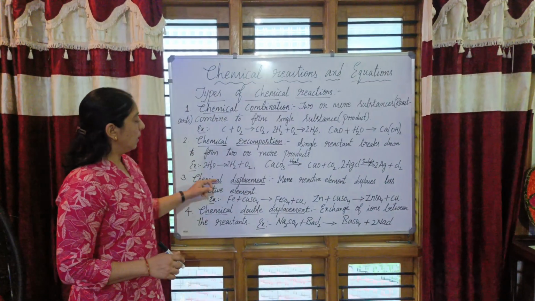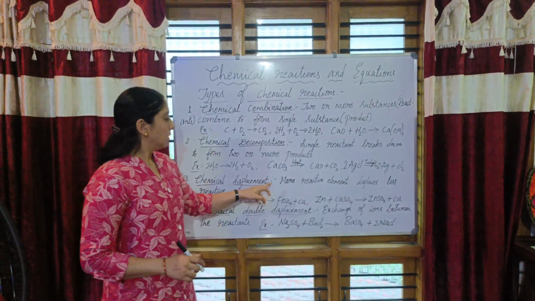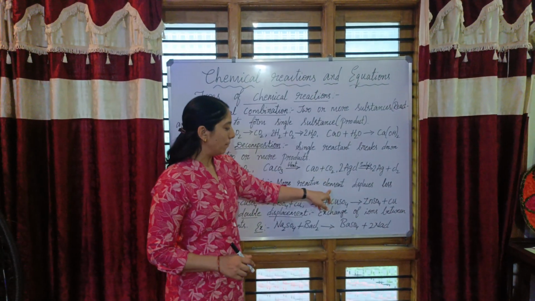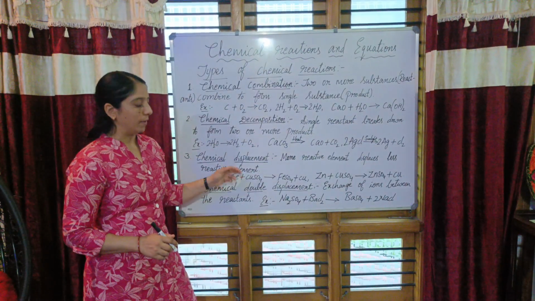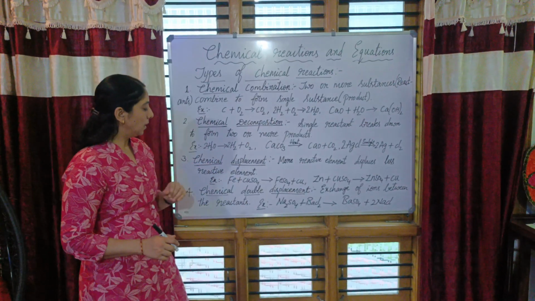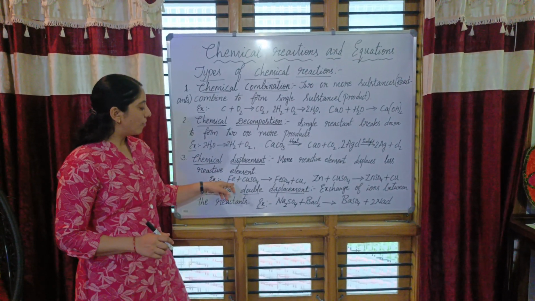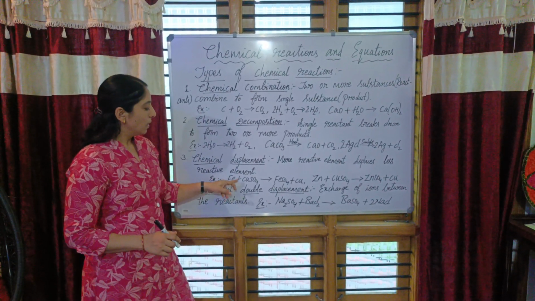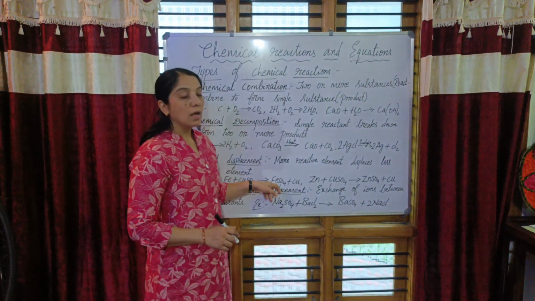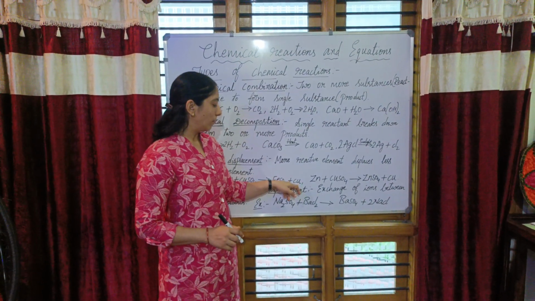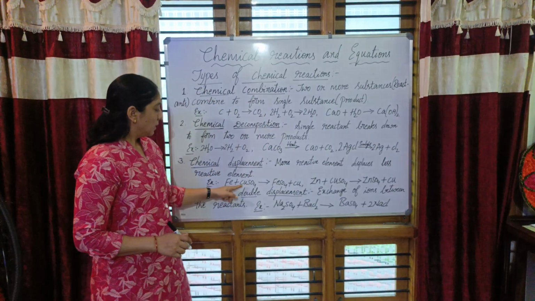Then chemical displacement. A more reactive element displaces a less reactive element. It is called chemical displacement. An example is iron: when it reacts with copper sulfate, it forms iron sulfate along with copper.